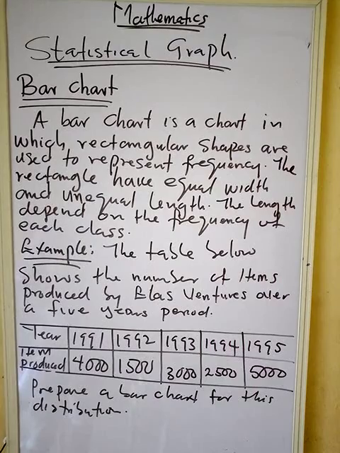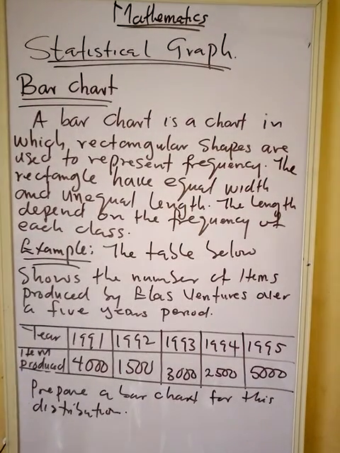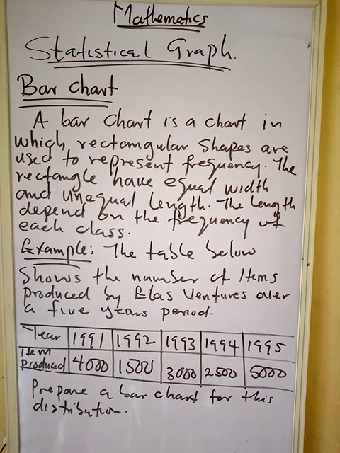So we want to discuss a bar chart. A bar chart is a chart in which rectangular shapes are used to represent frequency. Now, the rectangles have equal width. Any rectangle you want to draw must have what?